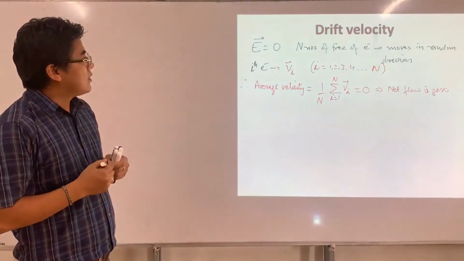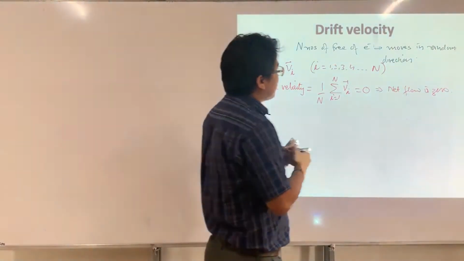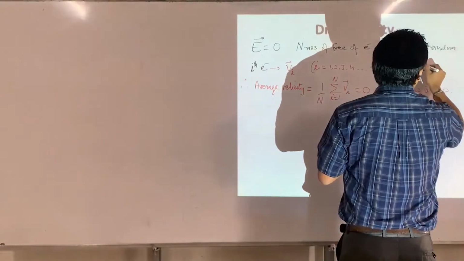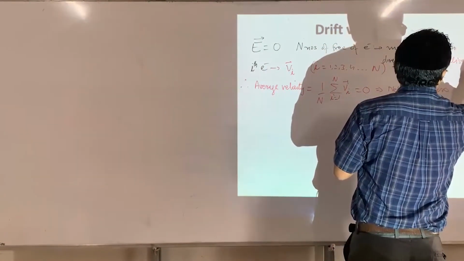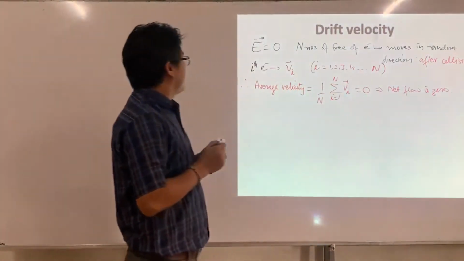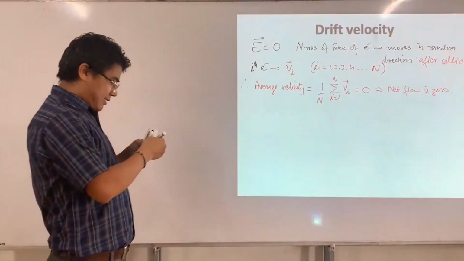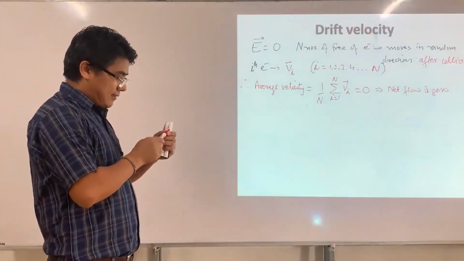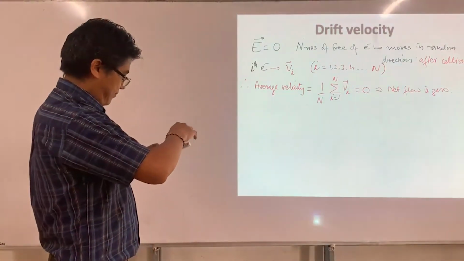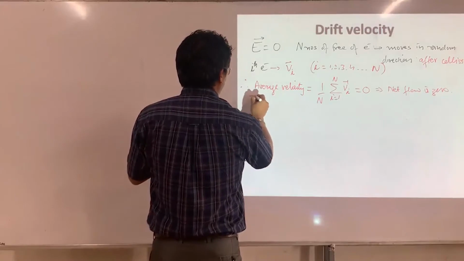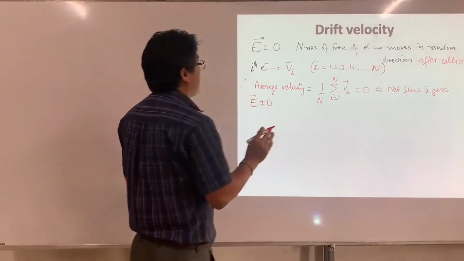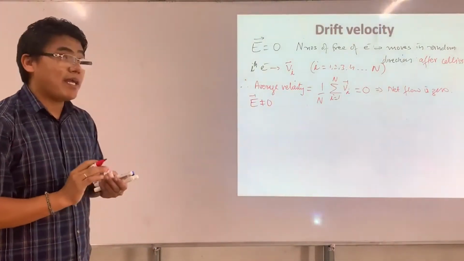Electrons move in random directions after collisions. Now what I write is that the electric field is not 0. Now I apply an electric field.